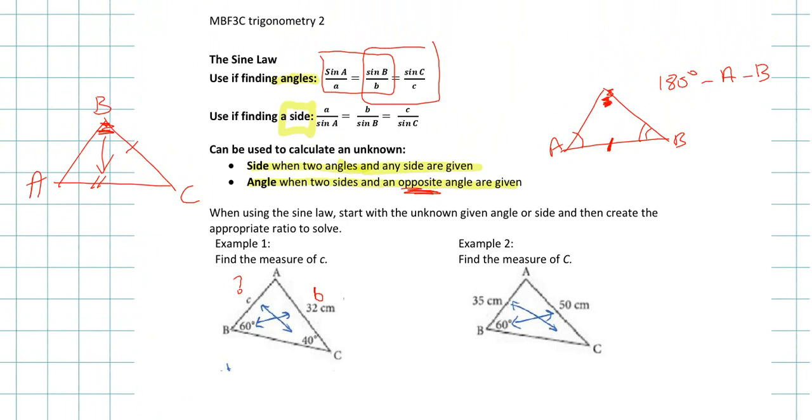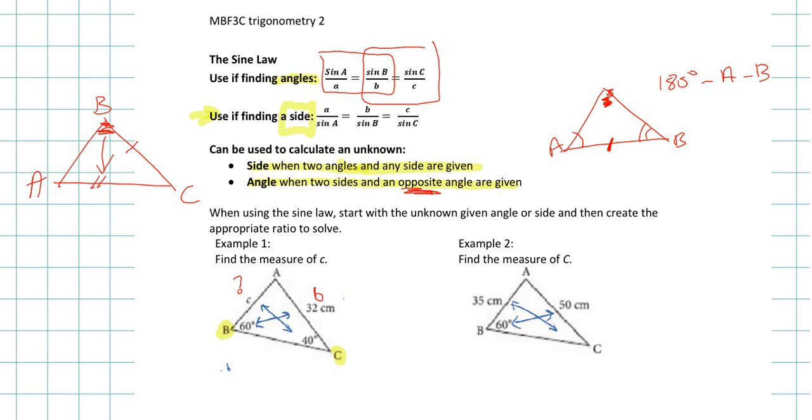Now, which two ratios am I going to use? B and C. And why B and C? Because we have B and we have C. So I have to use B over sine B equal to C over sine C because this is the information that is given to me. Does that make sense?